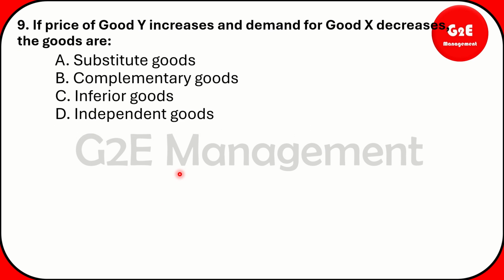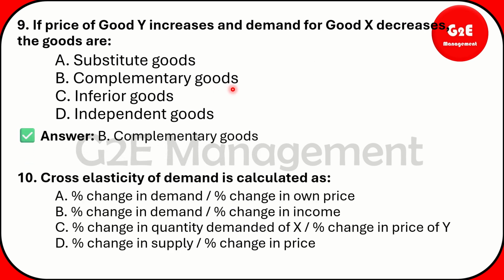And for question number 9, if the price of good Y increases, the demand for good X decreases, the goods are. So one is increasing and the other is decreasing. It means what? Inverse relationship. An inverse relationship, in a sense, means complementary goods. And cross elasticity of demand is calculated how? From the formula point of view, the numerator will be percentage change in demand, the denominator will be percentage change in price.